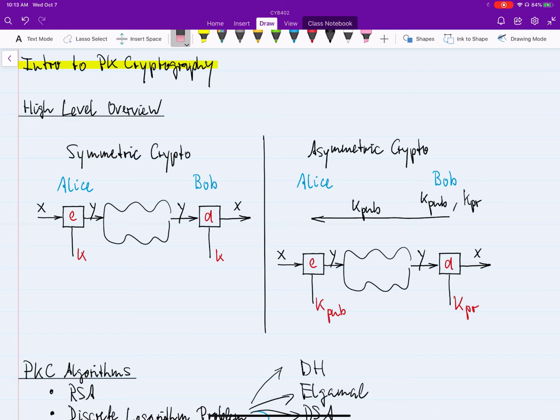So if you are communicating, let's say, with n participants, n different people, you only need one pair of a public and a private key. Otherwise, in symmetric crypto systems, you need to have n different keys. So the number of keys is actually being reduced dramatically in asymmetric crypto systems.